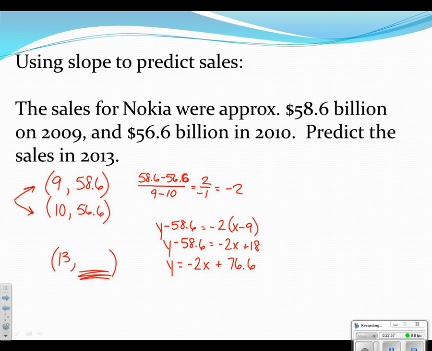Now it asked us to predict what's going to happen in the year 2013. Well, 13 would be your x value, correct? So plug it in. We get negative 26 plus 76.6, or 50.6 billion.